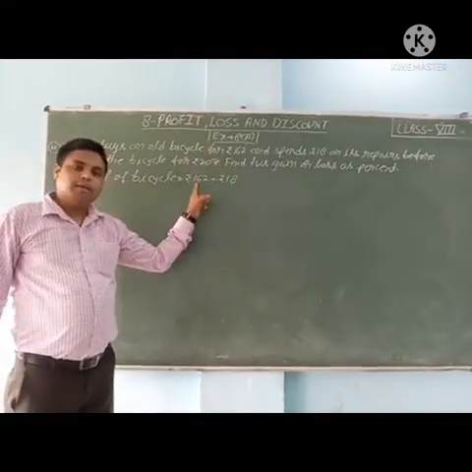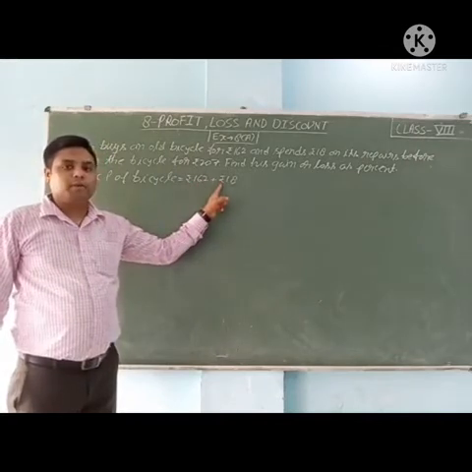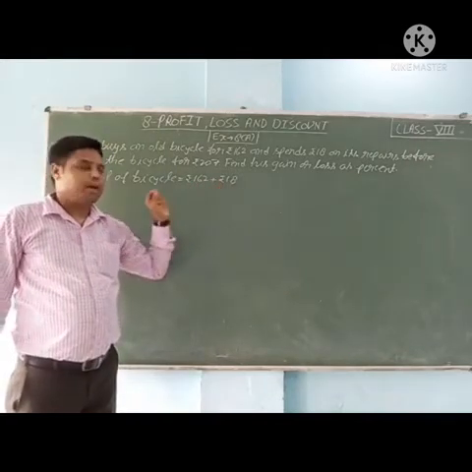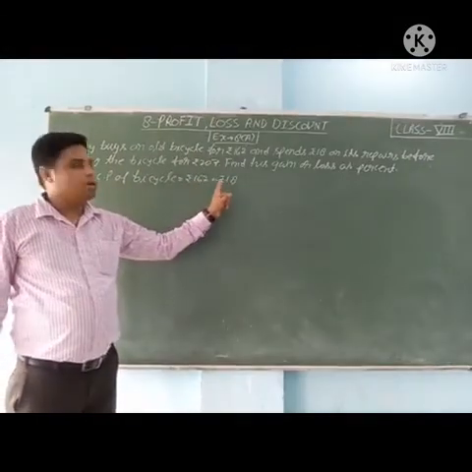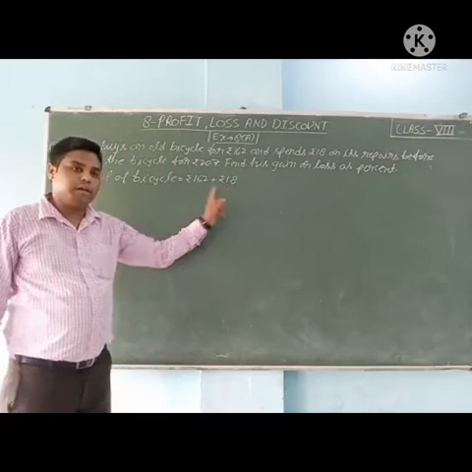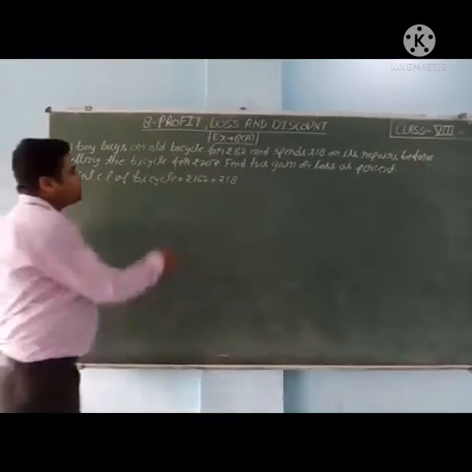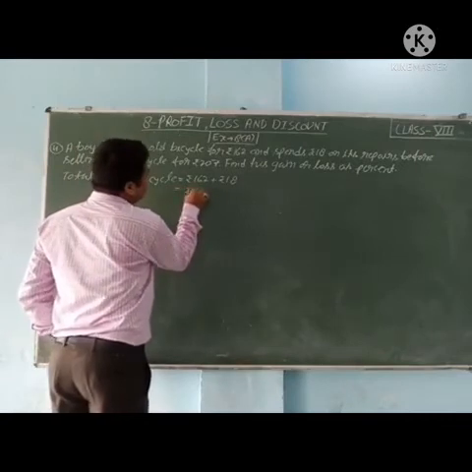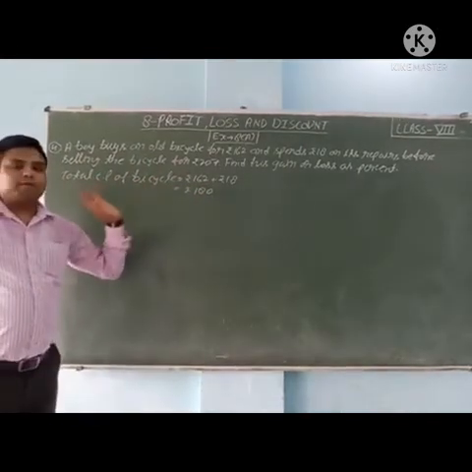Like here, the actual CP is 162, and the overhead expense spent on repair is rupees 18. So we will get the total CP of the bicycle, which is equal to rupees 180.